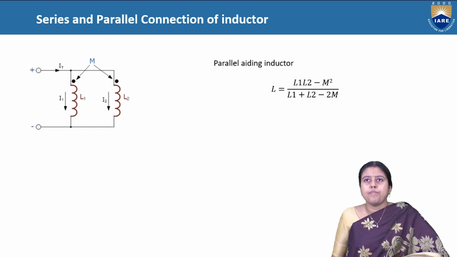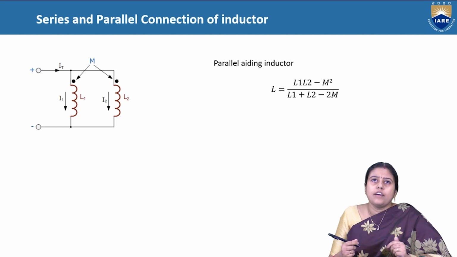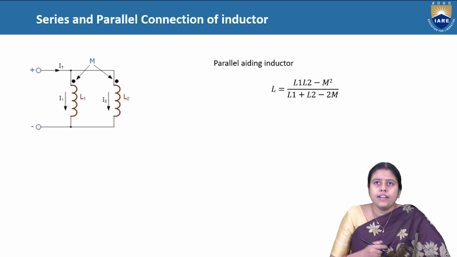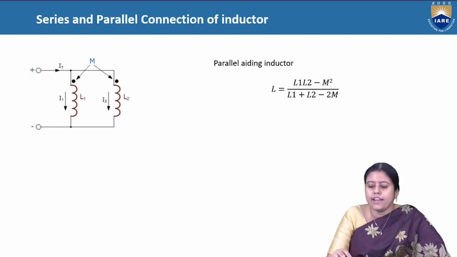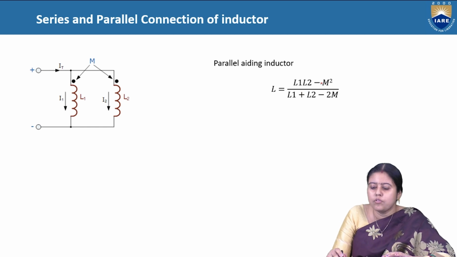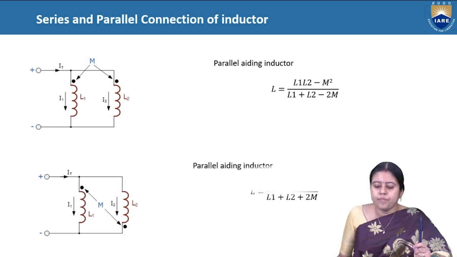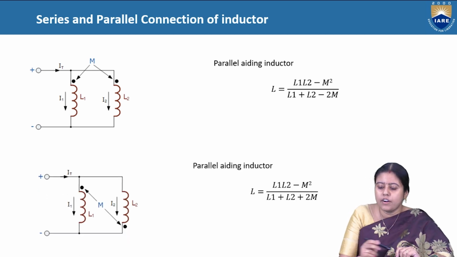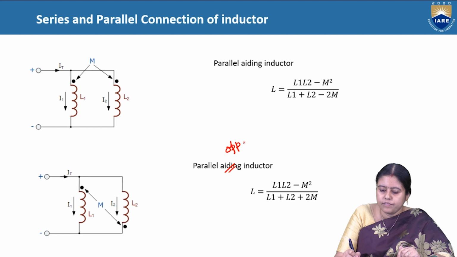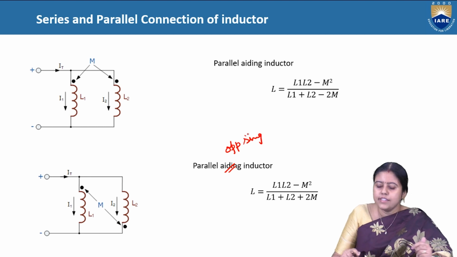This is the series and parallel connection of the inductor. If it is parallel aiding inductors, then we can write L is equal to L1 L2 minus M square by L1 plus L2 minus 2M. Series we have discussed.